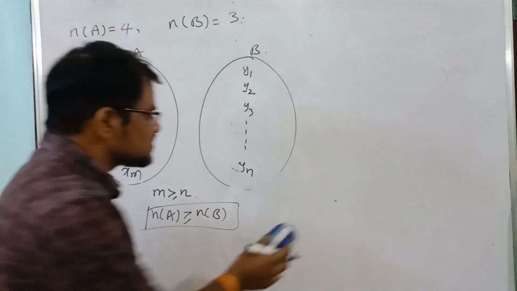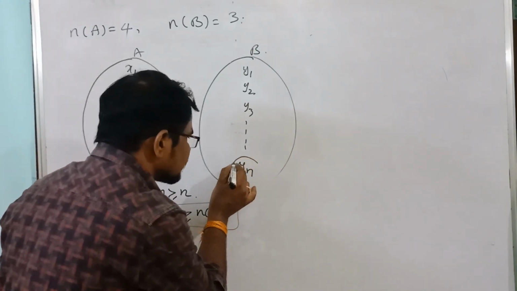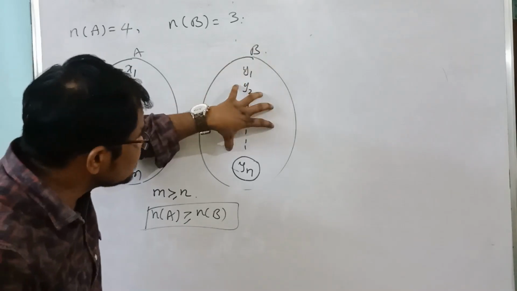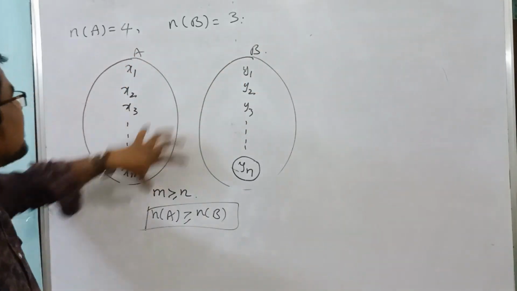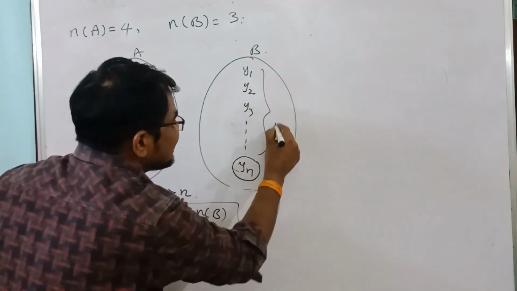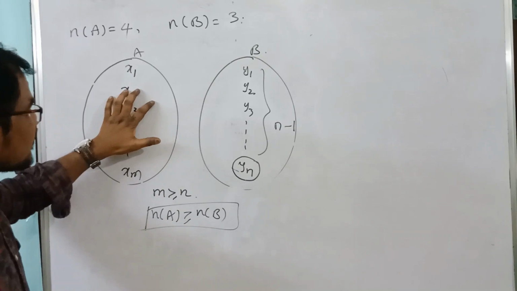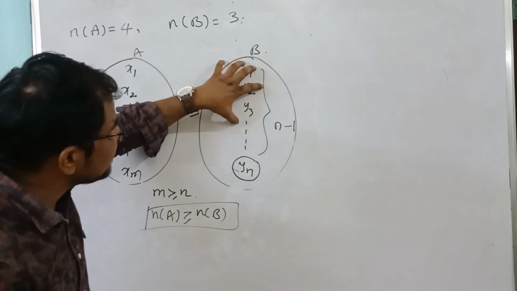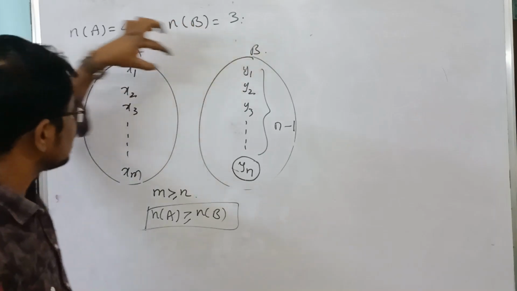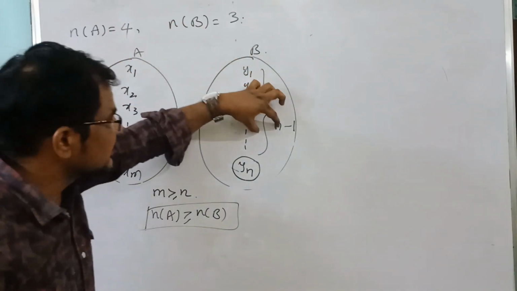Now here, if you apply the same concept, consider one element in B for which there is no pre-image in A. So only one element. The remaining elements are what? N minus 1. So for the remaining elements in A, how to take images from B? For x1, N minus 1 image chances are there, and x2 also N minus 1, for x3 also N minus 1.